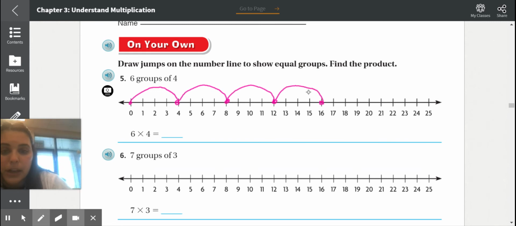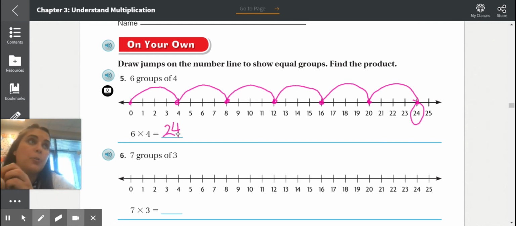How many jumps have we made? We need 2 more. Okay, so that's 6 groups of 4. What did we land on? 24. So we know that 6 times 4 is 24.